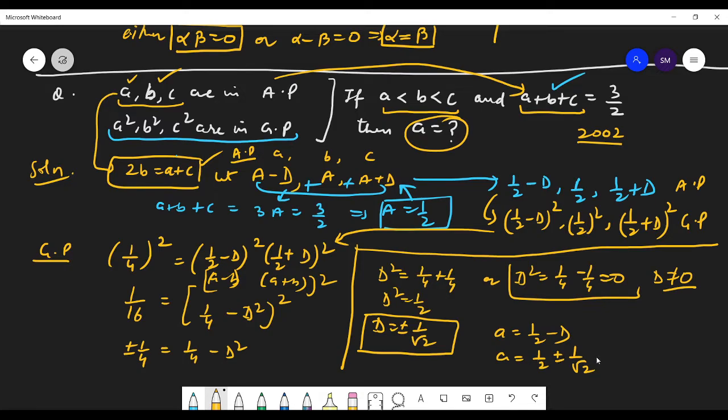So both the choices are correct, but only the negative was given in the question. So you will take the negative choice. Is this clear, students? Yes, sir.